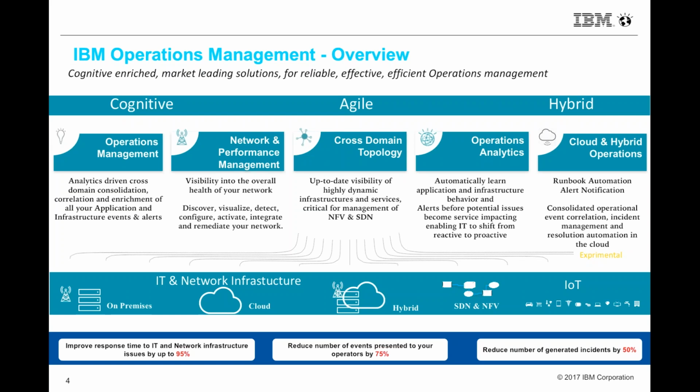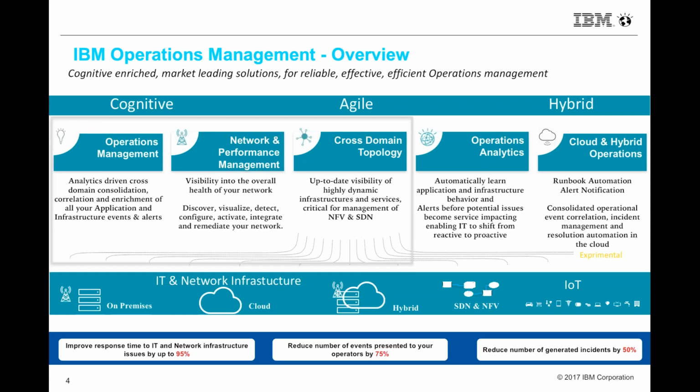The focus for this session is limited to how you can manage the dynamic IT infrastructure, and critical services management of network functional virtualization and SDN using the ASM component.